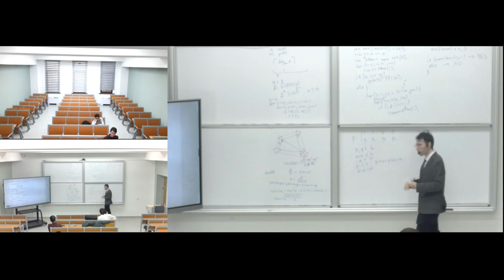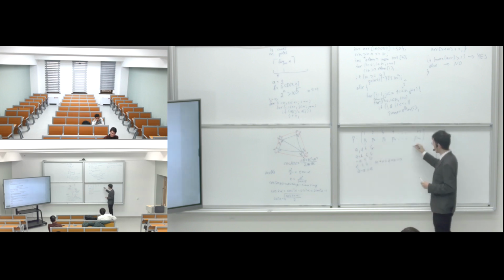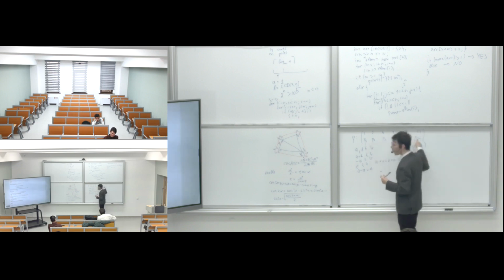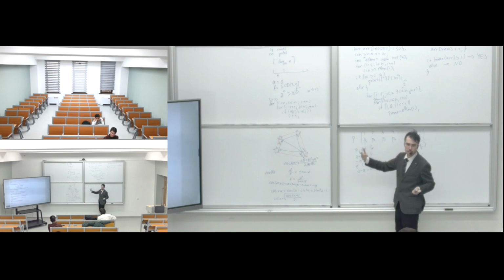Okay, so all permutations form a group. It means if you have one permutation and you apply another permutation to it, you get a new permutation, but it is still a permutation. What is a permutation? It means these are all different numbers, the same numbers as here, but maybe in a different order.